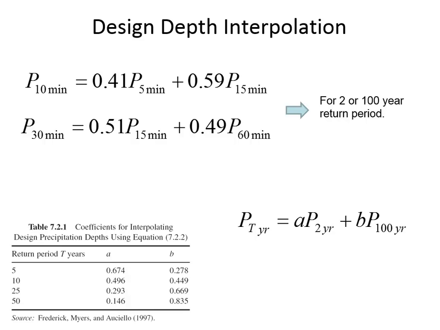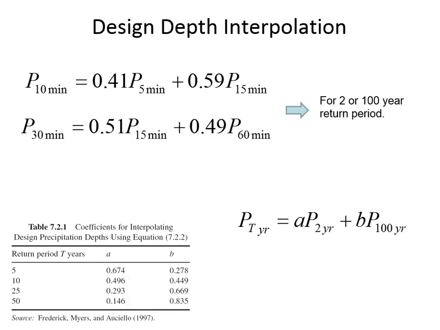This is how you'd interpolate between return periods. And so on the previous slide, we looked up and saw that there was a map for the 2-year and a map for a 100-year, and then everything else in between you can just interpolate using these A coefficients and B coefficients. They would go into that equation.